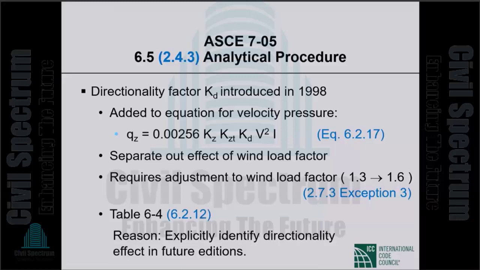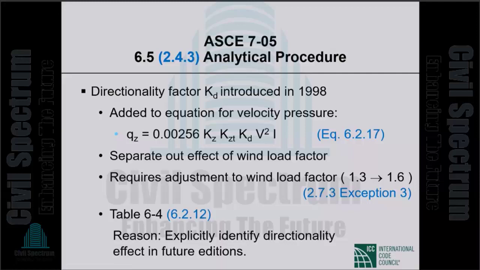But at one point, ASCE 7 decided to introduce a separate directionality factor K sub D, 0.85 as I mentioned, for all buildings. So now the directionality factor had to be taken out of the load factor. So the new load factor became 1.3 divided by the directionality factor of 0.85. Are you following me? 1.3 included a directionality factor of 0.85.